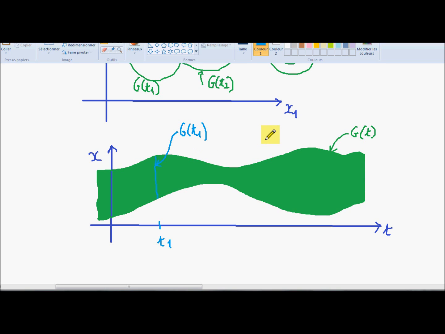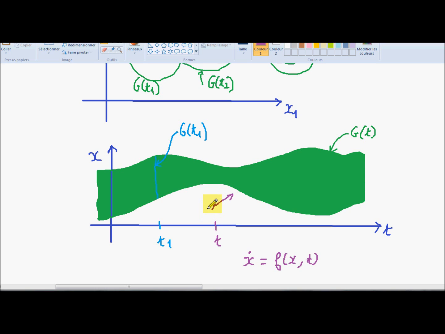What is a capture tube? You have a dynamic system, as explained just before, which tells you that x dot corresponds to f of x and t. So if I am at time t, I am here, I will have some kind of direction thanks to f, which tells me how x will move.